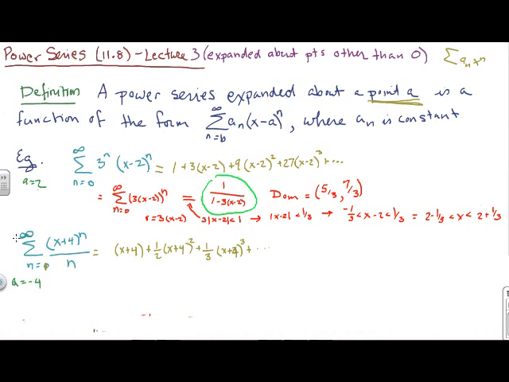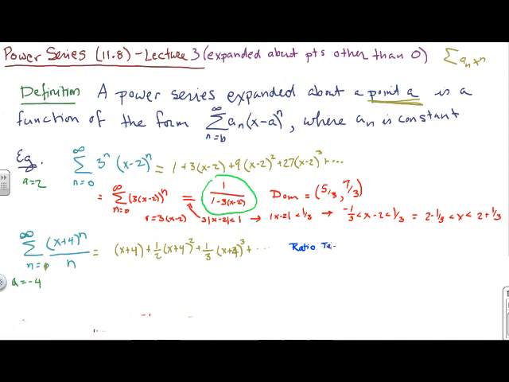Okay, so now let's look here. This one's not a geometric series, but we can still use the same methods we were doing before to find the domain of convergence. And I'm going to use the ratio test on this. Root test isn't that good because of that n in the denominator. It's not raised to the n power.